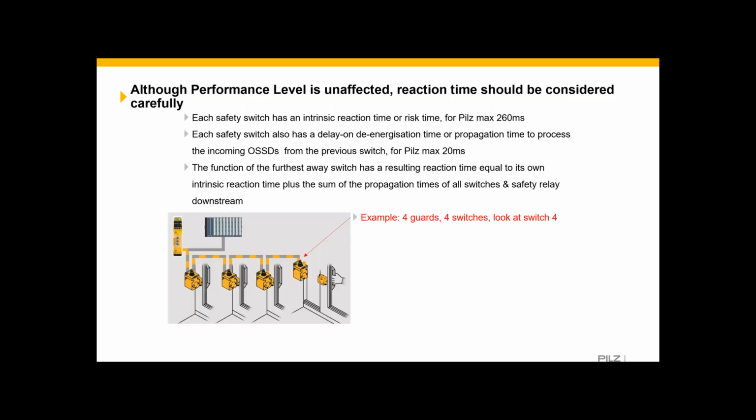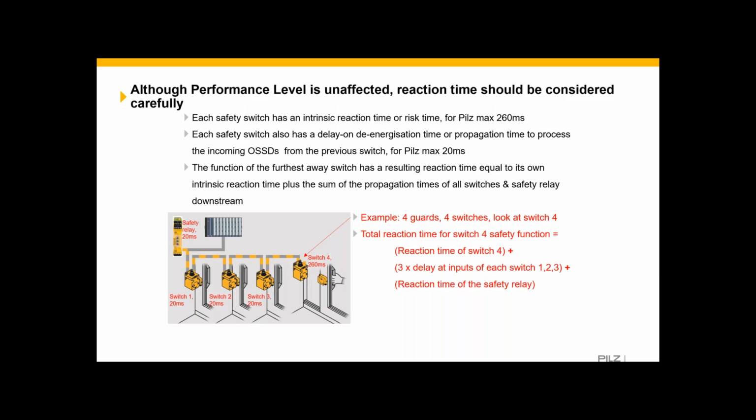An example of that would be our 4 guards that we saw on the previous slide. So we've got our 4 guards, our 4 switches. If we look at switch number 4, that has a reaction time to switch, plus we then have to look at the 4 switches as well, and the reaction time of the safety controller. So in this example, it would be 260 milliseconds for the first switch, 3 times 20 milliseconds for the remaining 3 interlocks, and then 20 milliseconds for the safety relay.